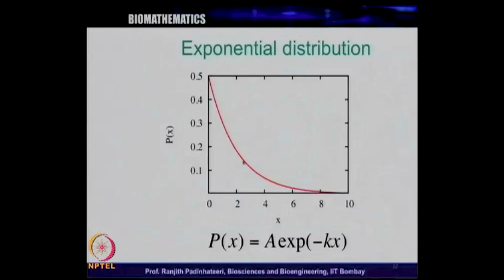Now, if we have such a distribution, what are its properties, like the average, the standard deviation, and so on? That is what we want to find out here. First question, if you have p of x is a e power minus kx, the first question is surely what is a?